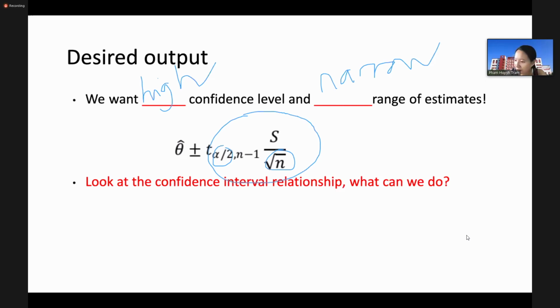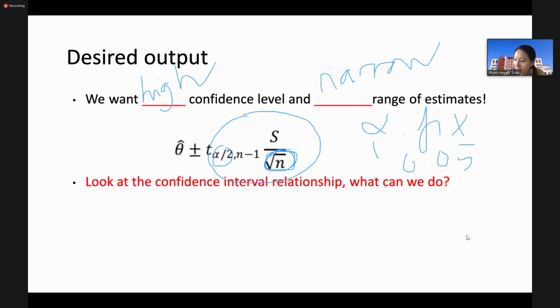Set an alpha, we will fix alpha, and then we will vary the number of replication. So let's say we want the confidence level at 95% or alpha is 0.05. So let's fix it.